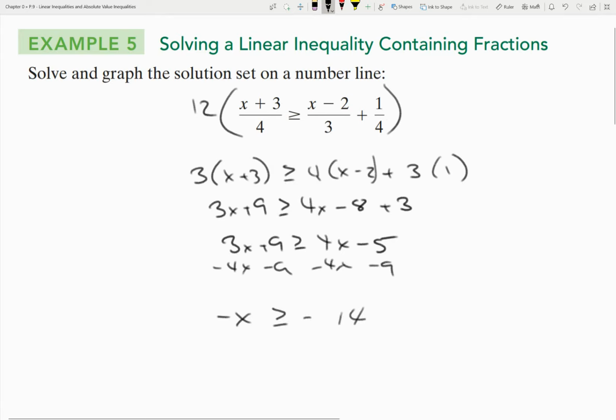Divide both sides by -1, and we have x is less than or equal to positive 14. To graph this, I'm not going to make a whole number line. I'm going to keep this nice and easy. There's a 14, 13, 15, and x is less than or equal to means a square bracket, and we have our graph like that, and our interval goes from -infinity to 14 with a bracket.